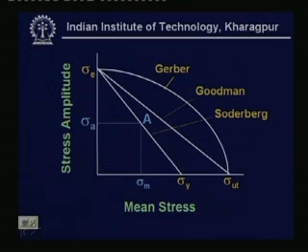Here you can see the abscissa is the mean stress line and the ordinate is the stress amplitude, or you can also call this the fluctuating stress.